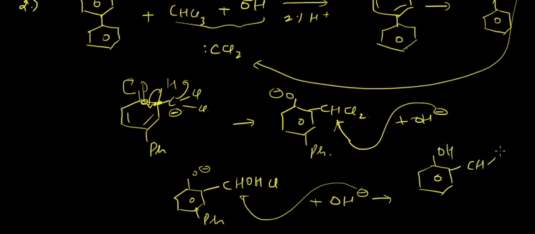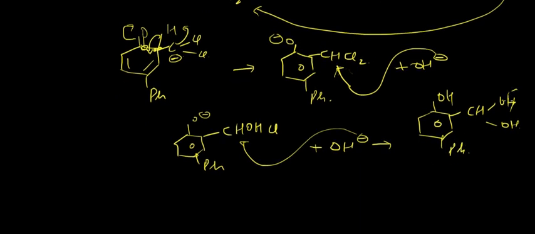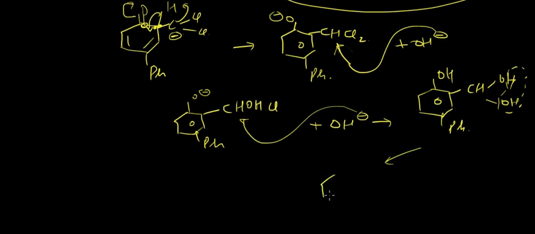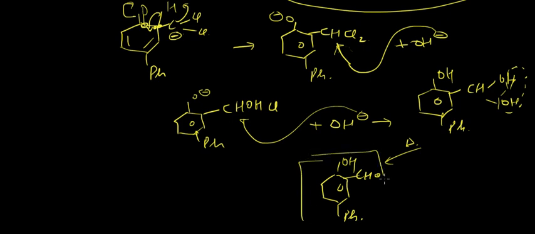Okay, CHOH and OH. Geminal diol again would be unstable, and as a result a water molecule would be leaving this compound, or dehydration would happen when we heat this. Okay, so we'll get something like CHO and a phenyl ring attached. So this would be our major product.